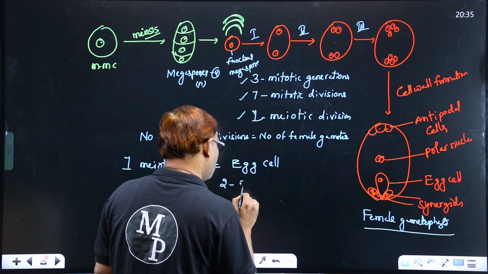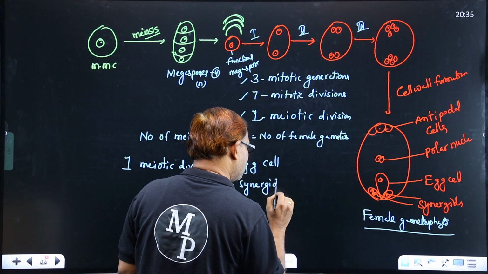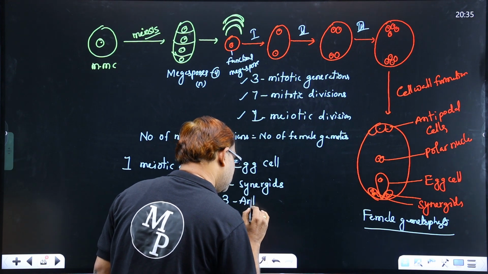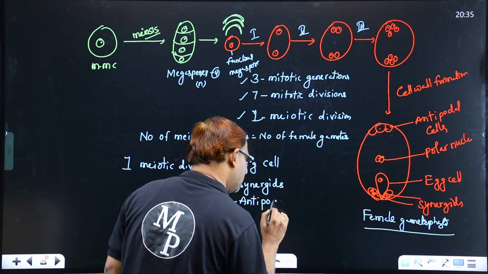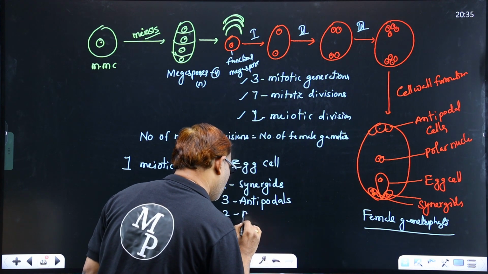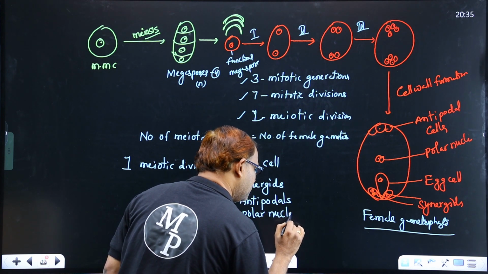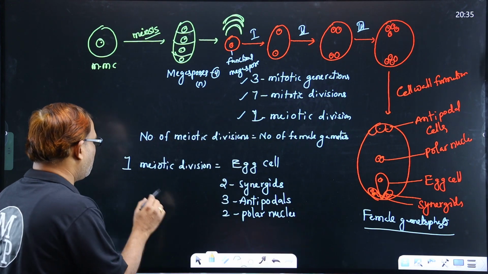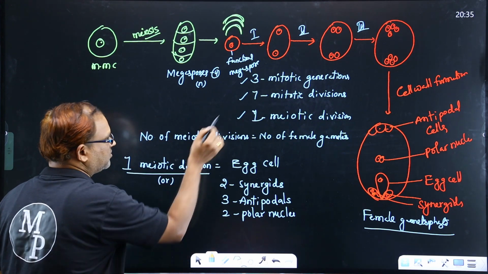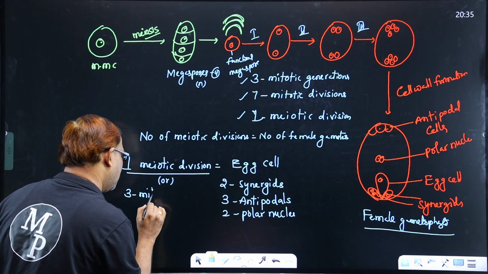Two synergids. How many antipodals? Three antipodals. How many polar nuclei? Two polar nuclei. One meiotic division, and three mitotic generations.